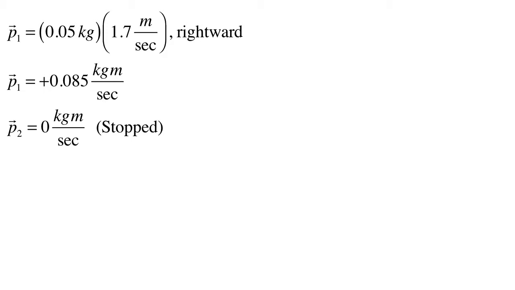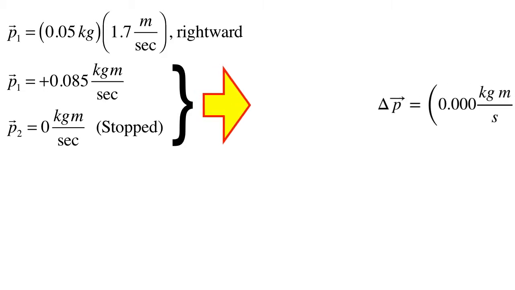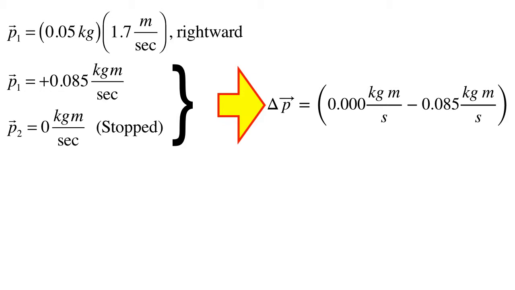All right, so we've got P2 and P1, and we now have everything that we need to figure out delta P. So here it is. It's always final minus initial, later minus earlier. So the final momentum is 0 because it stops, so that's 0.000 kilogram meters per second minus the initial momentum, 0.085 kilogram meters per second, right?